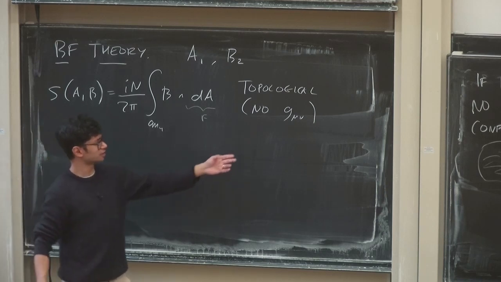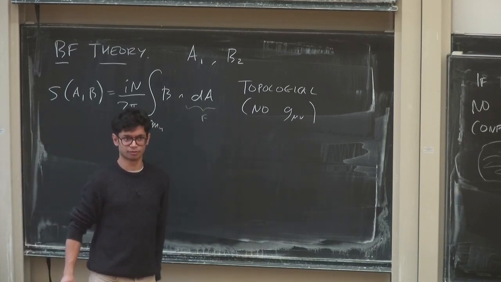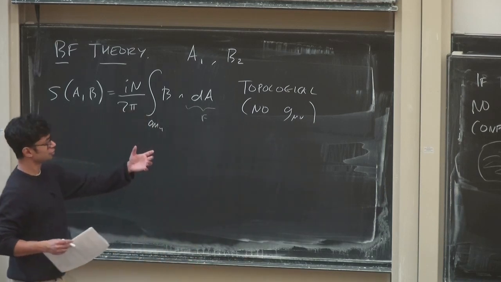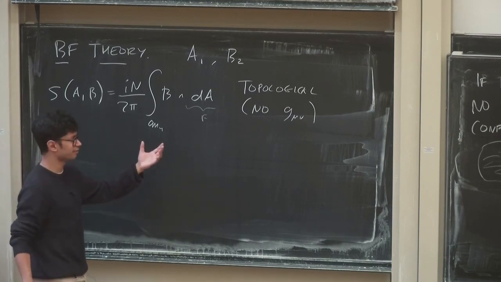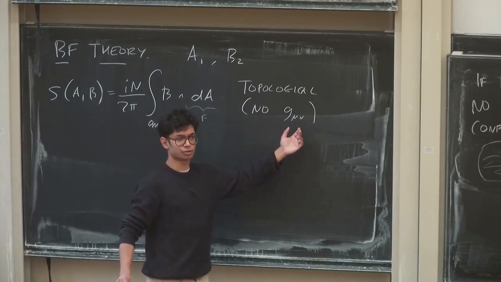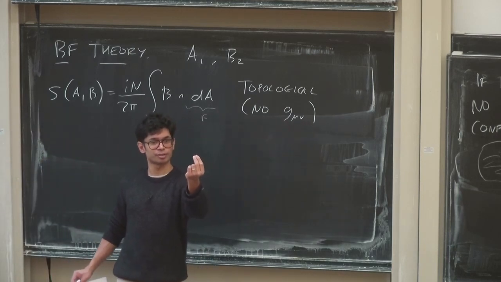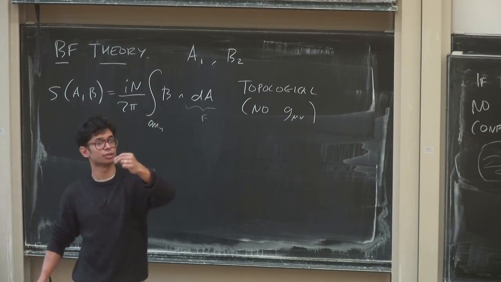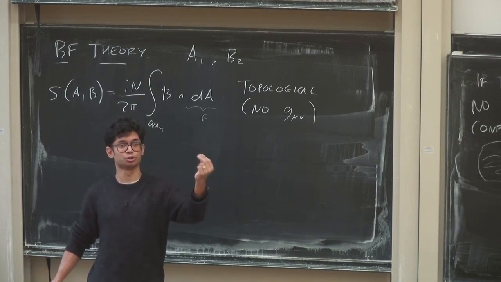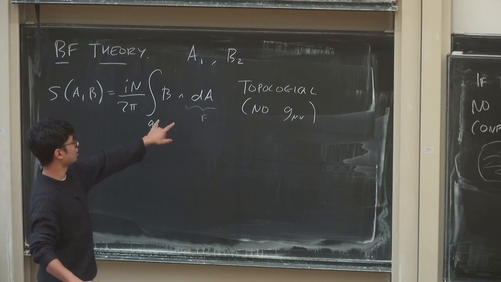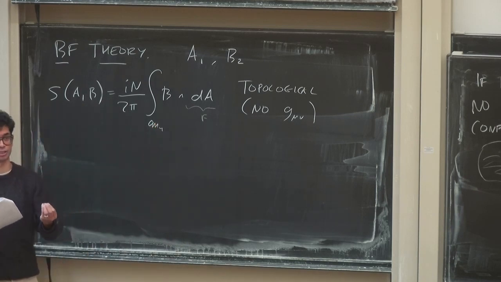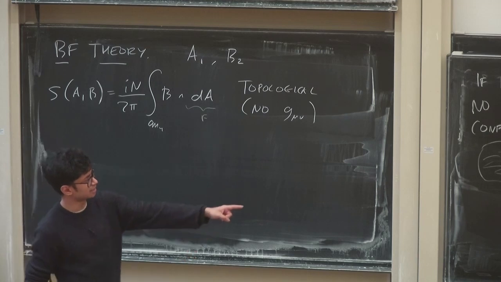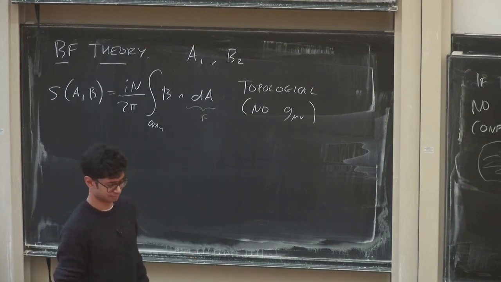What that means is the stress tensor is 0, and it also means that this action is coordinate invariant without requiring the metric, so you can do a diffeomorphism to move points around however you like, with no notion of distance. Therefore, this cannot depend in any interesting way on local distances. It can only depend on topology. That makes it a good candidate to realize this.